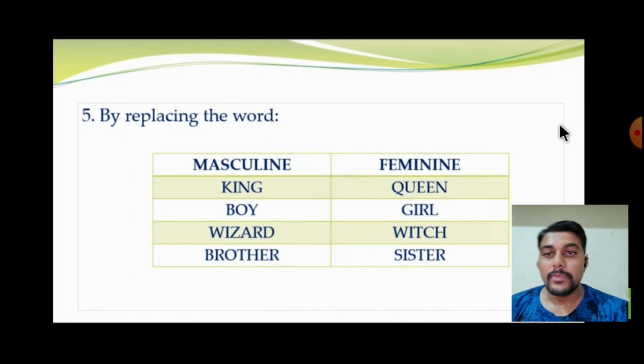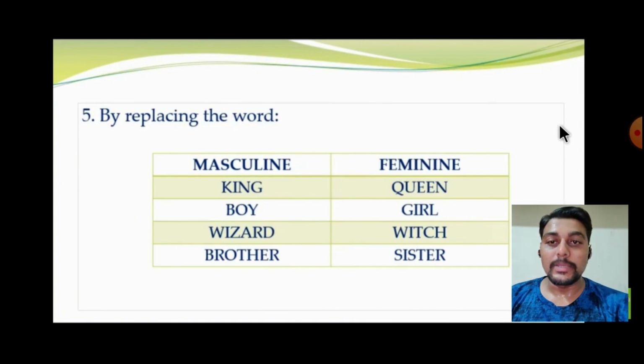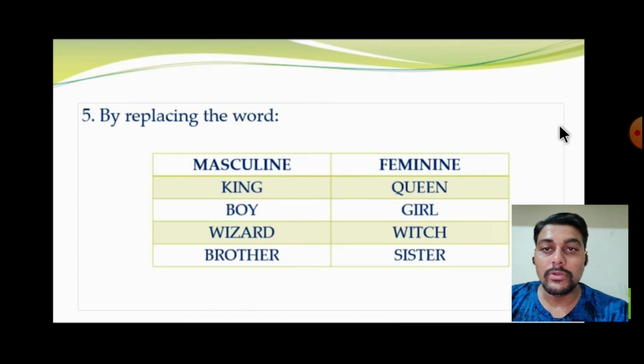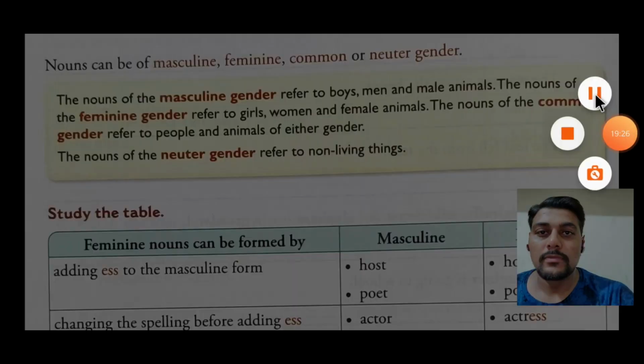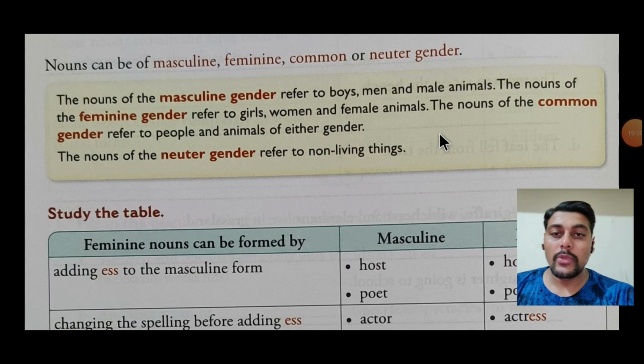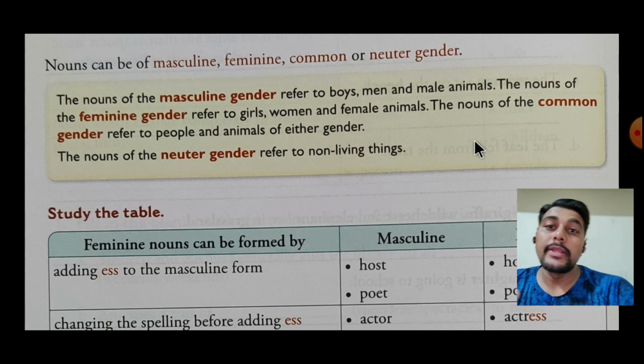Yes students, before we go through the chapter, let's quickly revise what we have completed, all the 4 categories or kinds of gender, and these rules, with one table. Let's have a quick summary of what we have already taught.